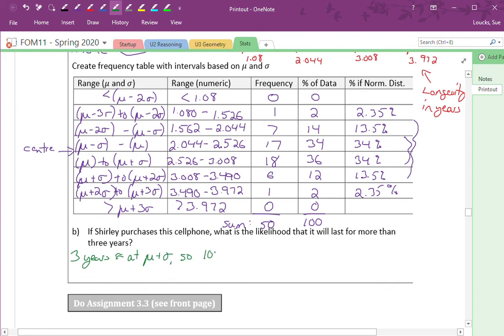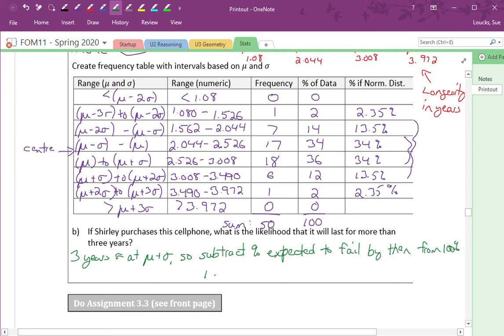Actually, let me just write down what we did first, and then we'll do the calculation. So subtract the percent expected to fail by then from 100%.